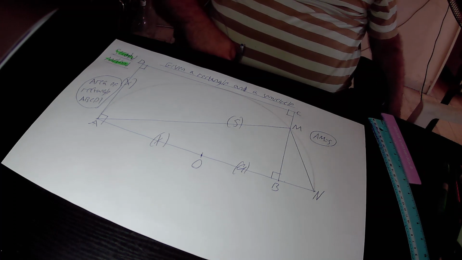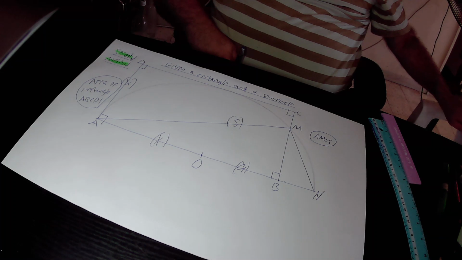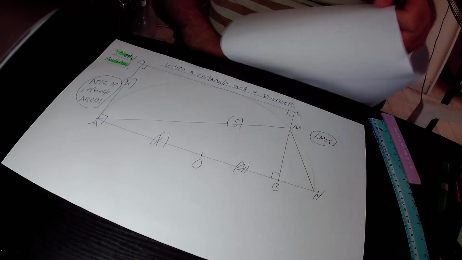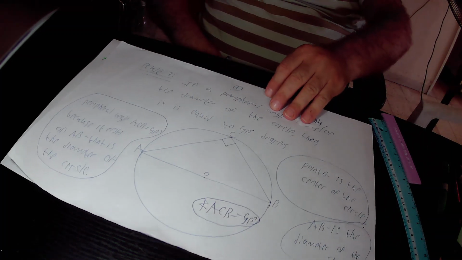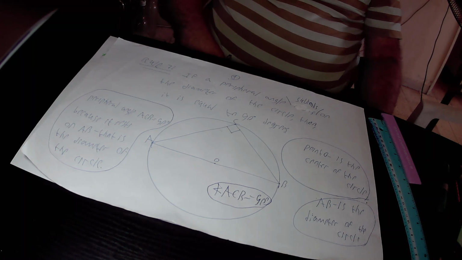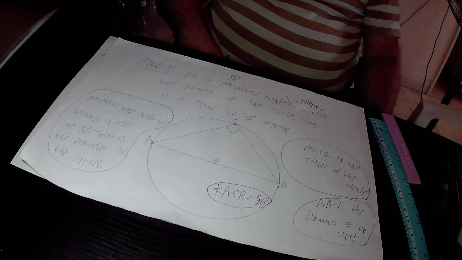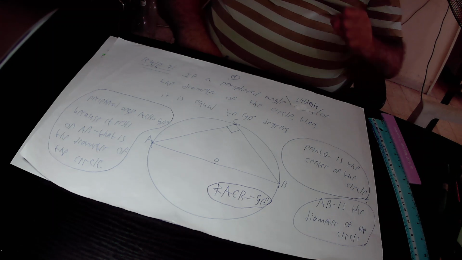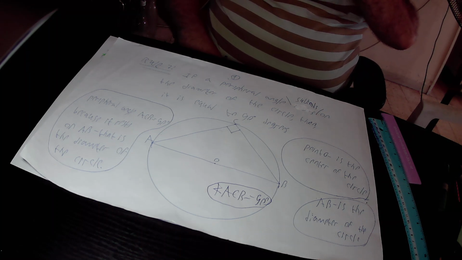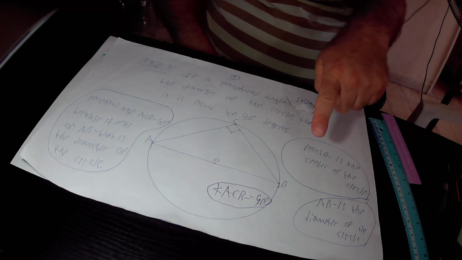So I repeat quickly rule 7. According to rule 7, if a peripheral angle subtends on the diameter of the circle, then it is equal to 90 degrees. Okay, so here we have a drawing of a circle, and we know that AB is the diameter of the circle.